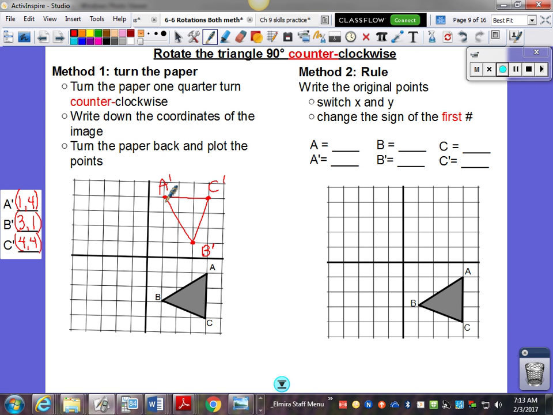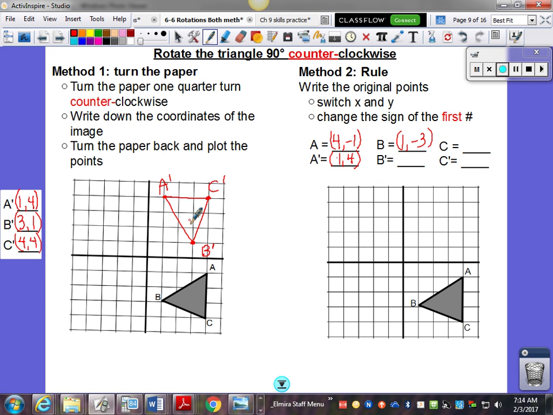So my original point of A is 4, -1. And the rule is we switch the x and y, so -1 and 4, but we change the sign of the first number. So the -1 will go to being positive. And that's exactly what happened over here. See, that's 1, 4 over here on the left-hand side. My original B is 1, -3.